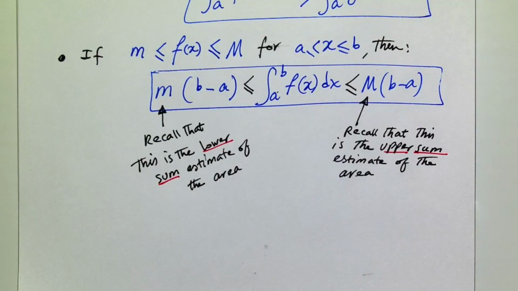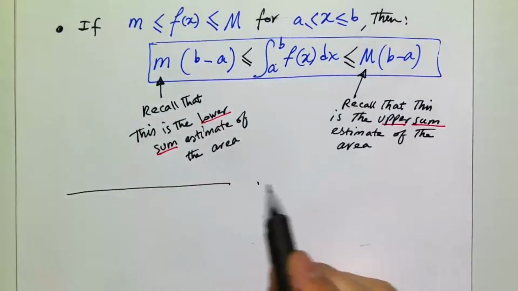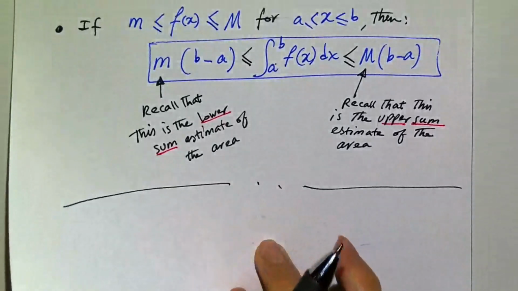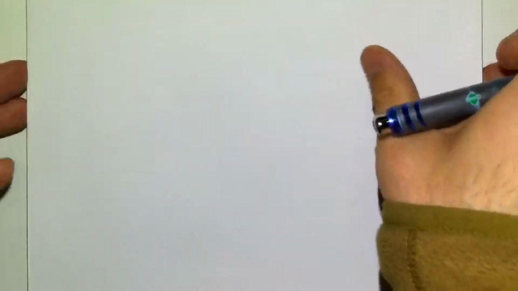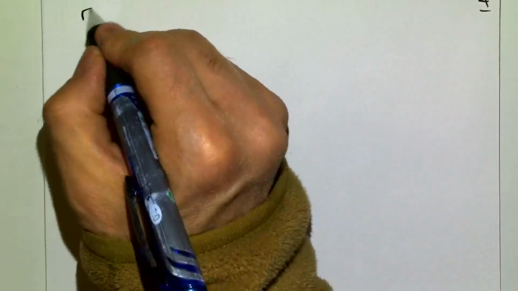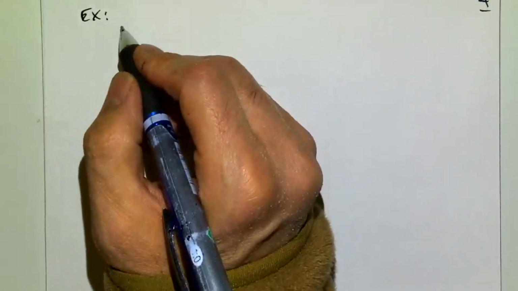All right, so having talked about all these concepts and definitions, let's go over some examples which help us better understand the applications of what we just introduced. Here's our first example.